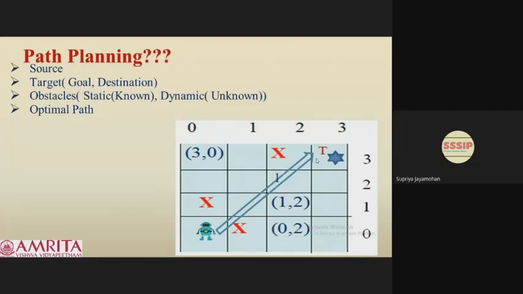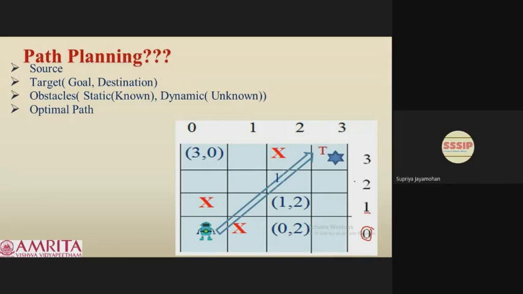What are these grids and how are we going to name them? When we talk about the grids, if you see, this is the zeroth row. Then we have the first row, which is here.